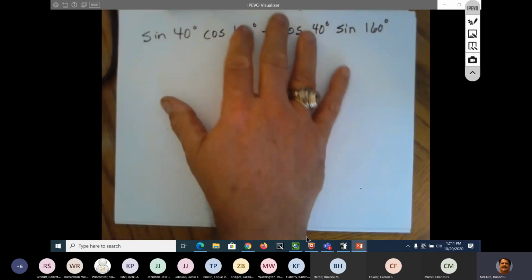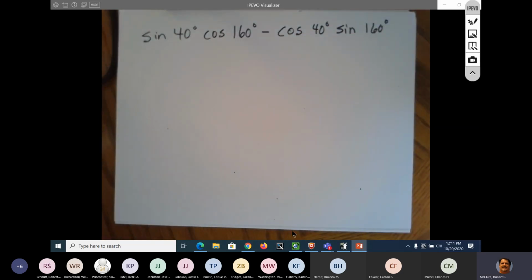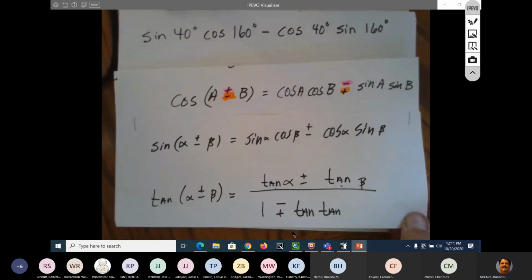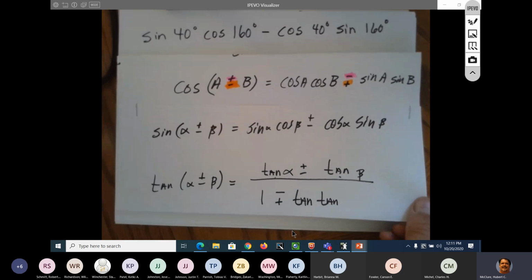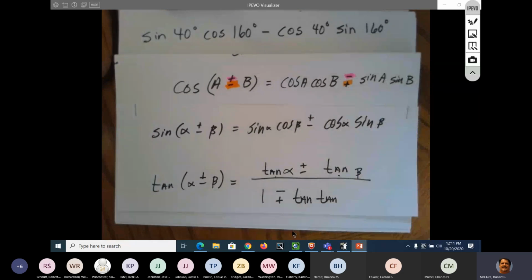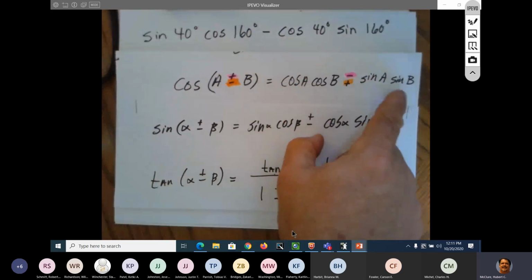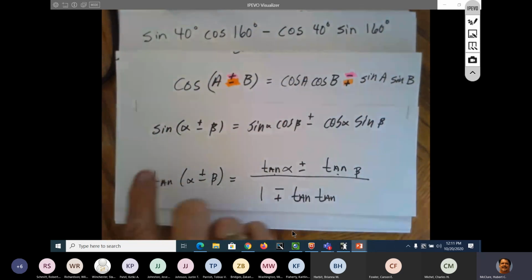Well, you pull out your handy dandy cheat sheet, whether it's a green one or this ratchet one right here. Somebody match that one up. Well, it's sine, cosine, so it can't be cosine, cosine, cosine, sine. So it can't be that one, so it's got to be sine. So which one is it? It's the one with the minus sign, Hubert.